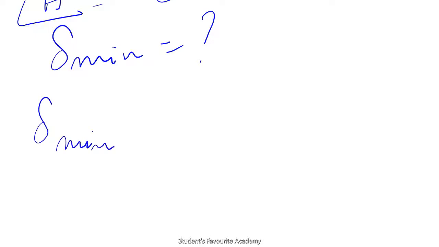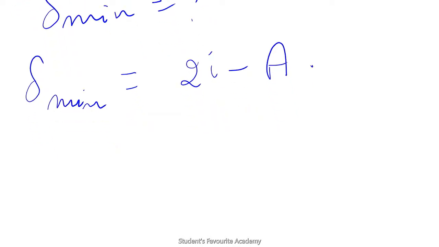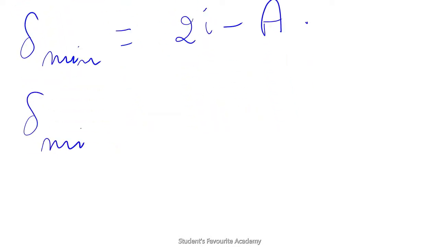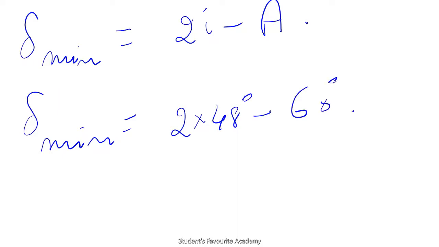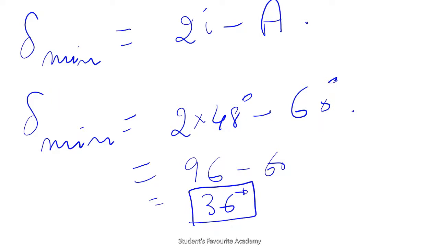Angle of minimum deviation is equal to 2I minus A. So delta minimum is equal to 2 into 48 degrees minus 60 degrees. So 36 degrees is the answer.